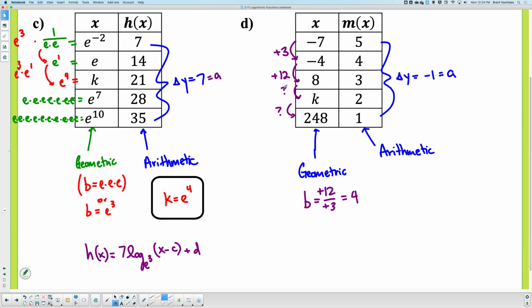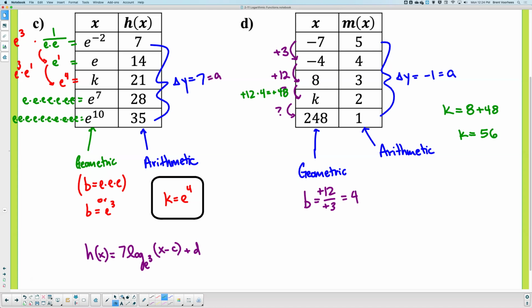Now that I know that, I can find this question mark. This would be +12 times 4. What is +12 times 4? +48. So k will equal 8 plus 48. What is 8 plus 48? 56.